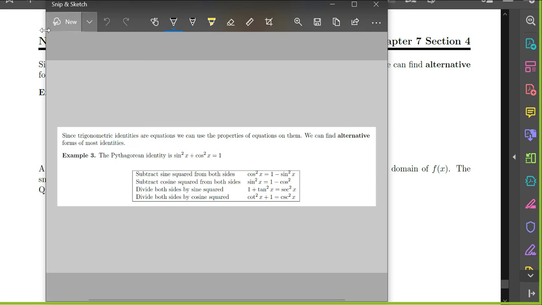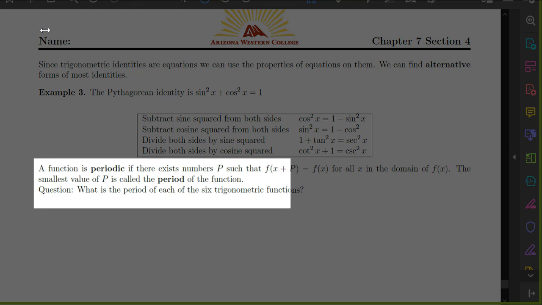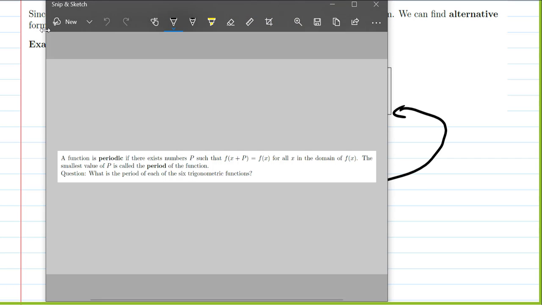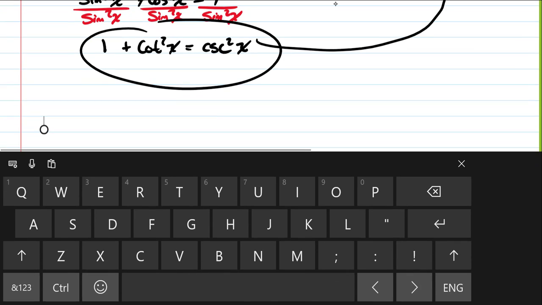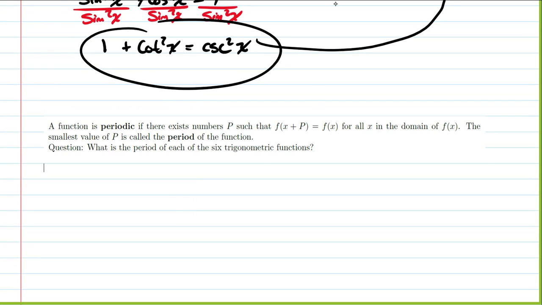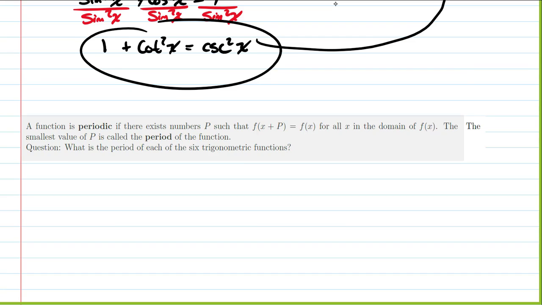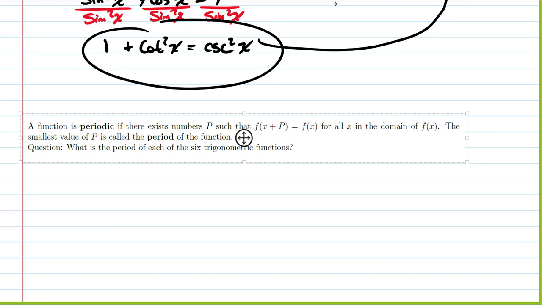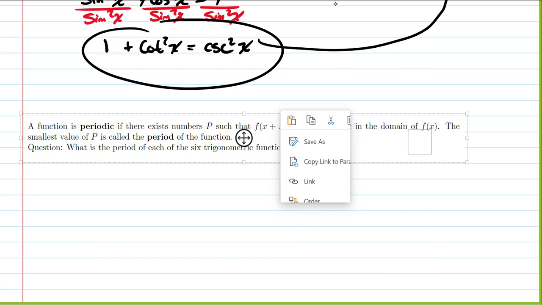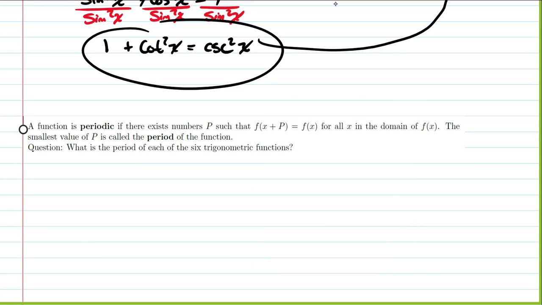All right. More definitions, I know. Our next one is that of a periodic function. A function is periodic if there exist numbers p such that f of x plus p is equal to f of x for all x in the domain of f of x.